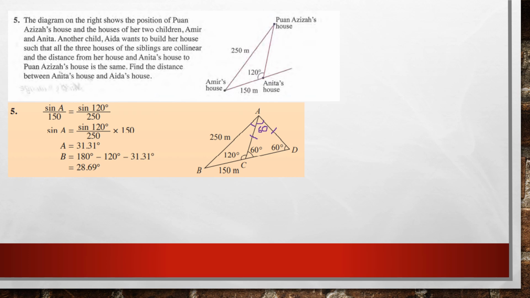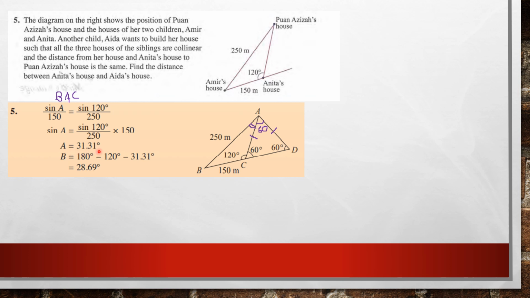So sine A over 150, the opposite length, equals the other pair that we know, sine 120 over 250. So we solve, and we get A is 31.31.